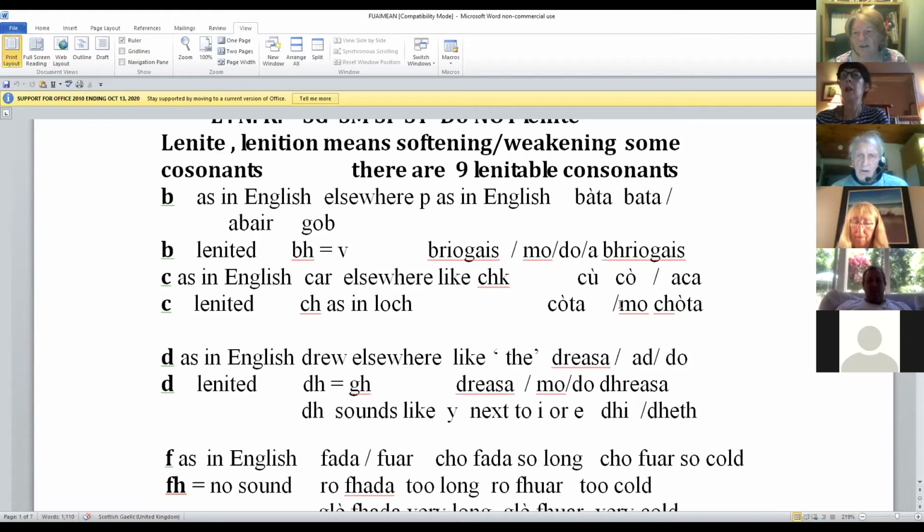Mo chote. It's not an English T. It's cote.